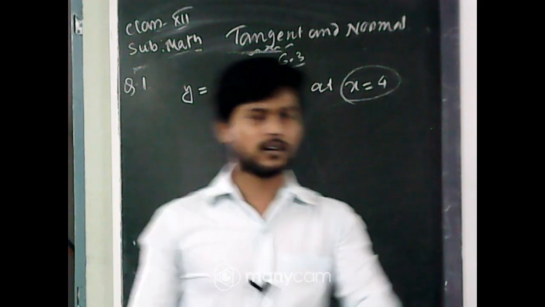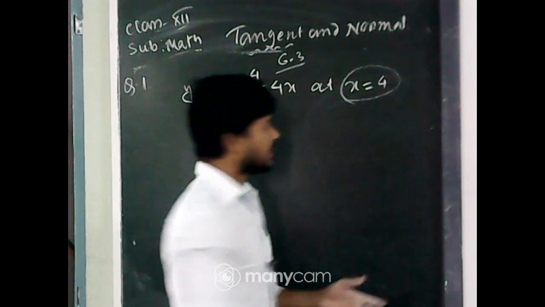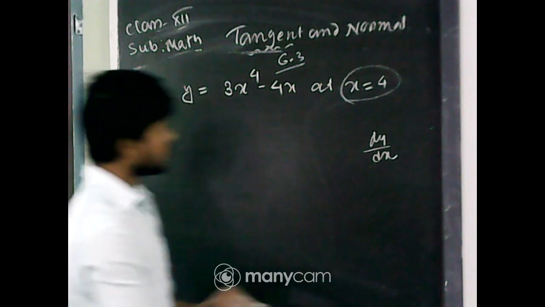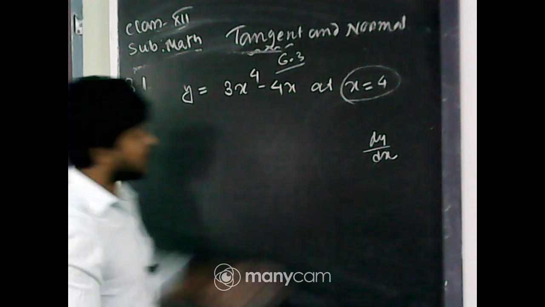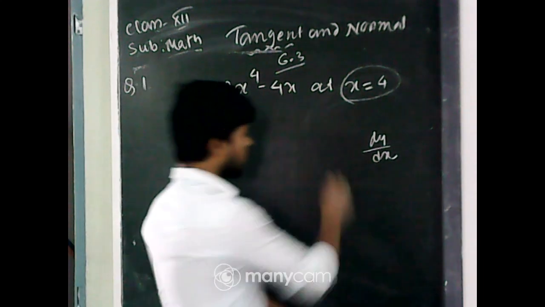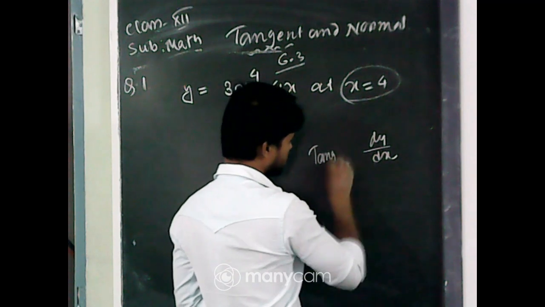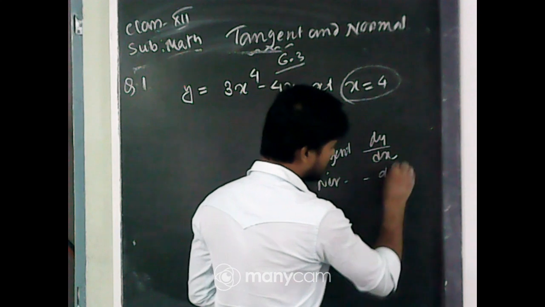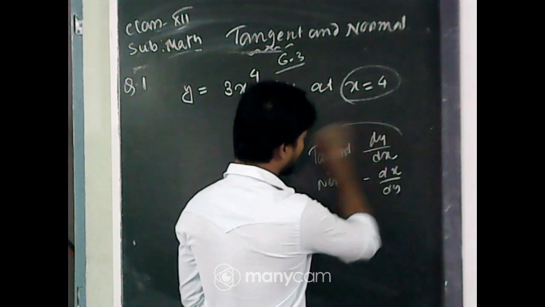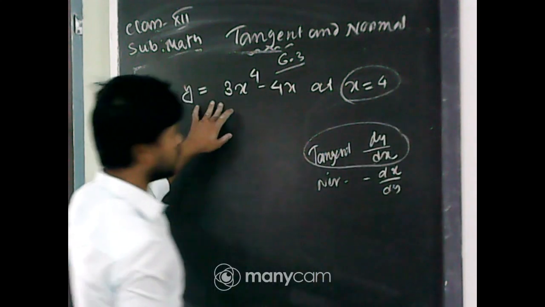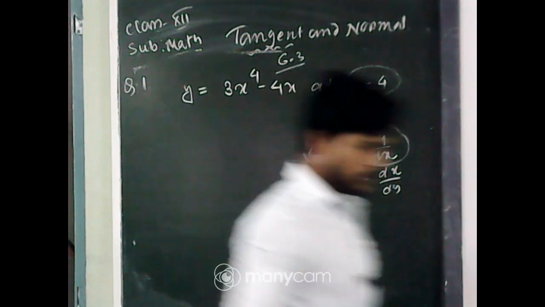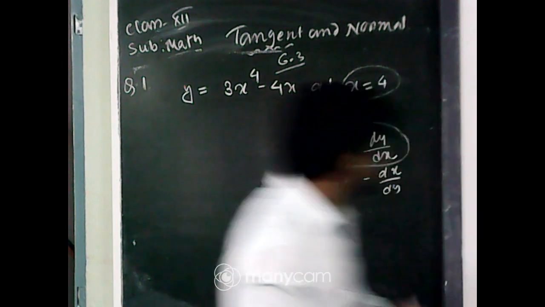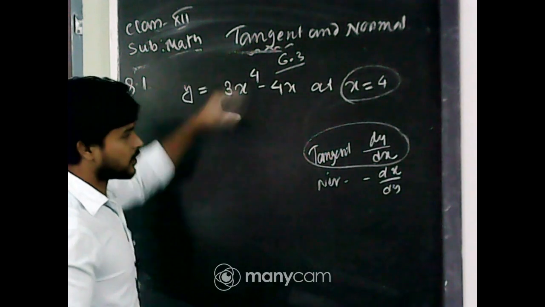Now, as we just learned, the slope of the tangent is given by dy/dx, and the slope of normal is given by minus dx/dy. So we have to find the slope of the tangent of the curve. What we have to do is just differentiate this function with respect to x.